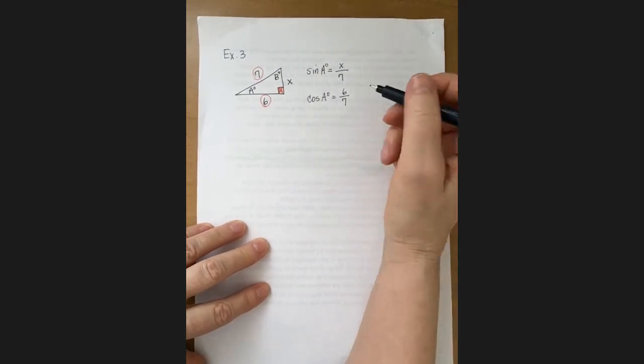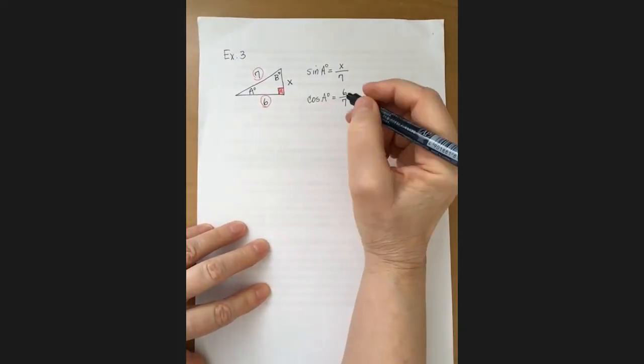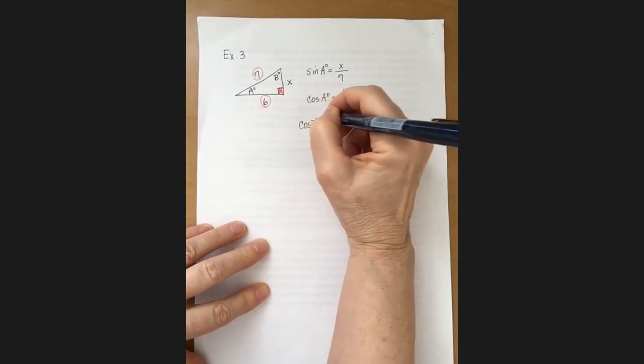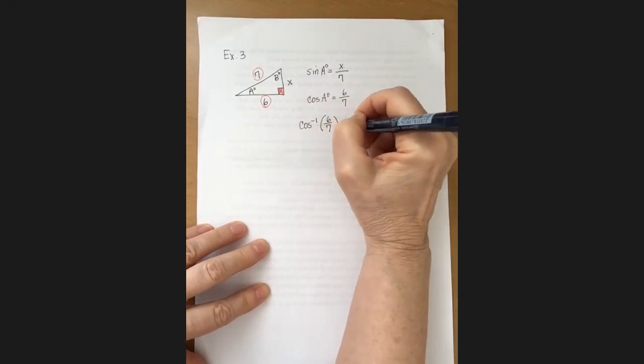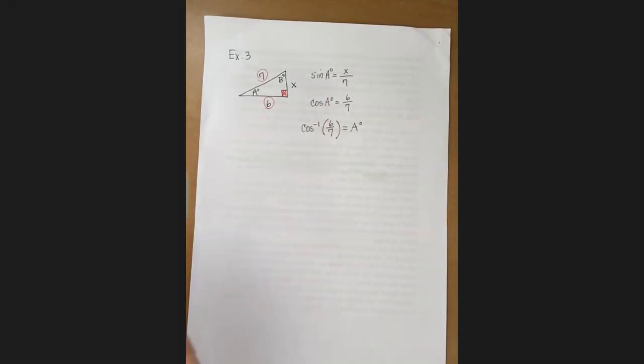And so that doesn't look that helpful, but what we want is the cosine to the -1 of 6 divided by 7, which is going to give us A. Ooh, isn't that cool? And I'm going to show you that on the calculator.